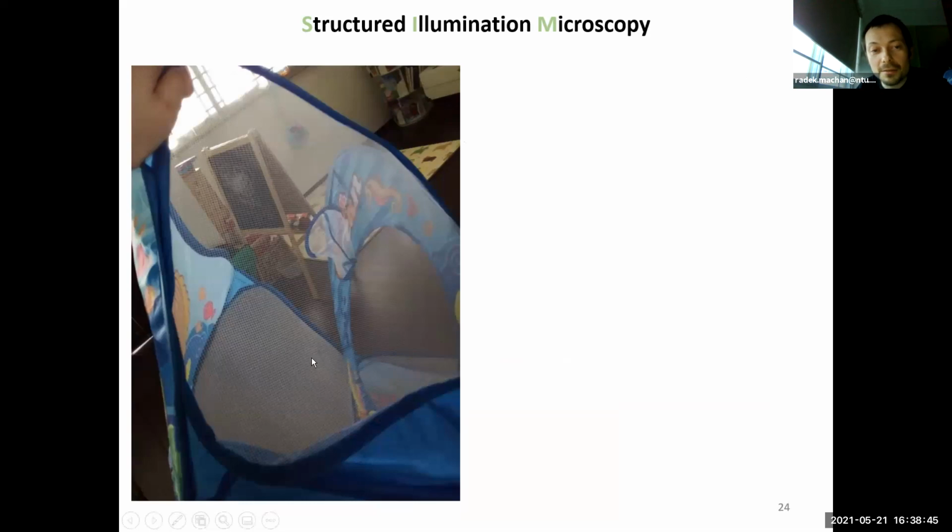So you see here a fine meshwork. If I reduce the resolution to simulate the point spread function, I don't see the mesh anymore.